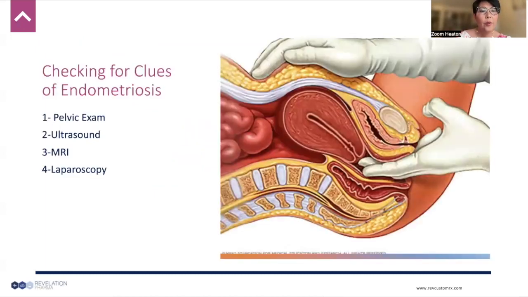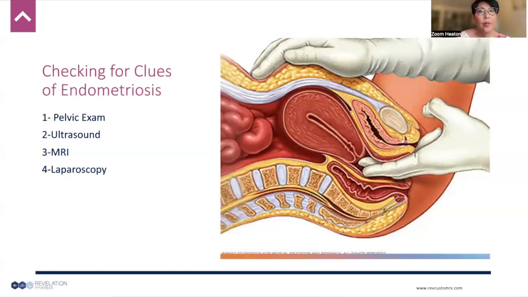So we have to check for clues of endometriosis, such as the pelvic exam, and that's just to check for unusual changes. It could be cysts on the reproductive organs, painful spots, irregular growth, like nodules and scars behind the uterus. A lot of times, small areas of endometriosis can't be felt unless a cyst has formed.